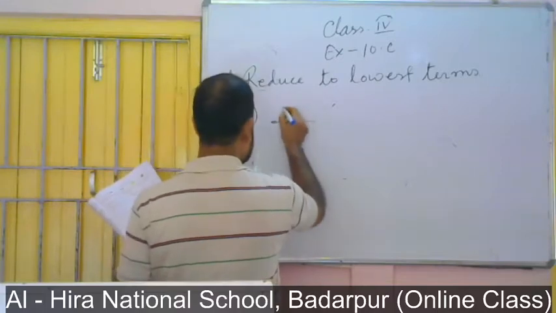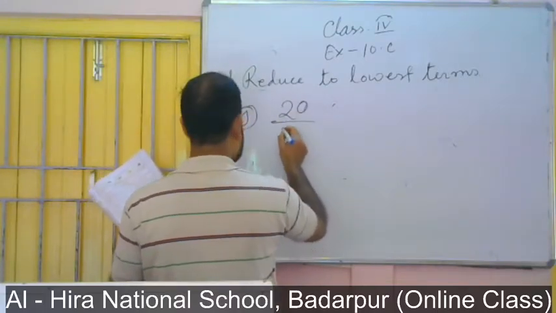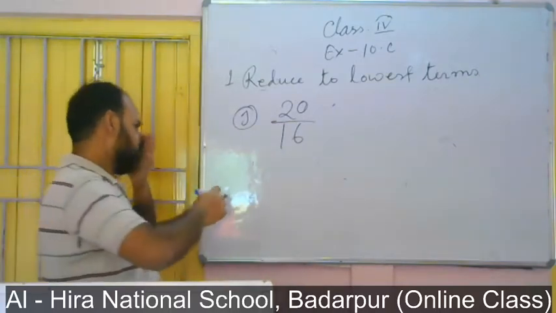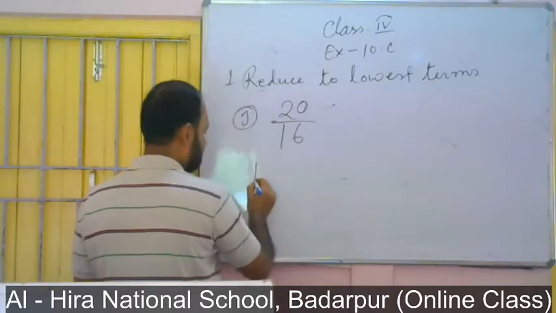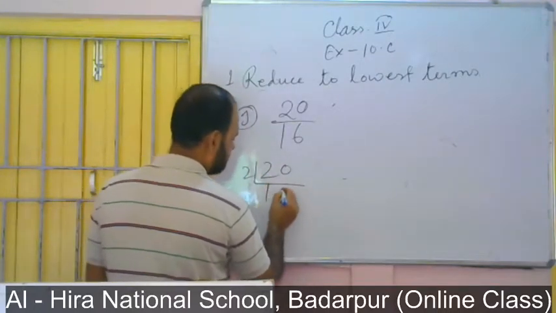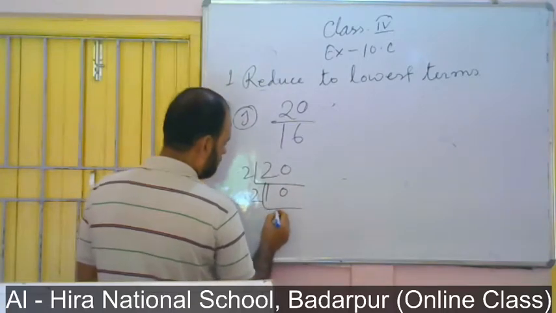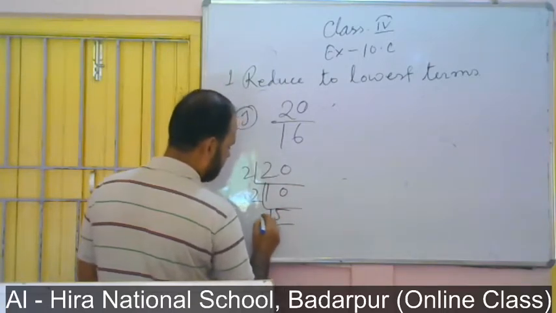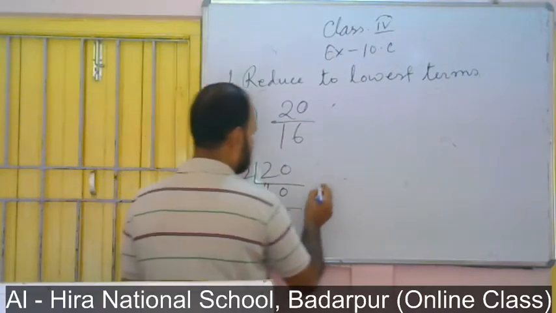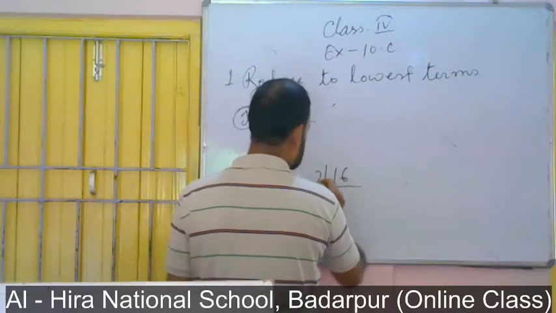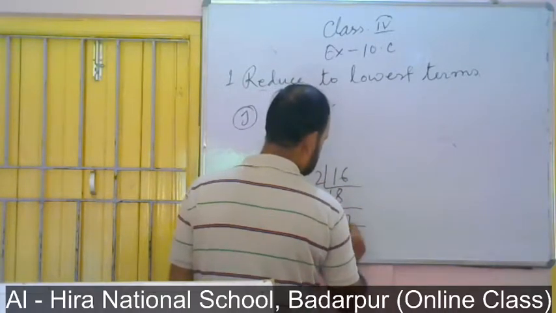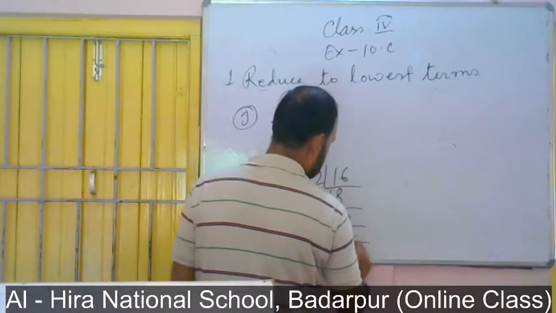Question number J, 20 by 16. 20 by 16 by prime factorization. So 20 by 2, 2 10s are 20, 2 5s are 10 and 5 1s is 5. So 20 equal to 2 into 2 into 5 into 1 and 16, 2 8s, 2 4s, 2 2s, 2 1s.